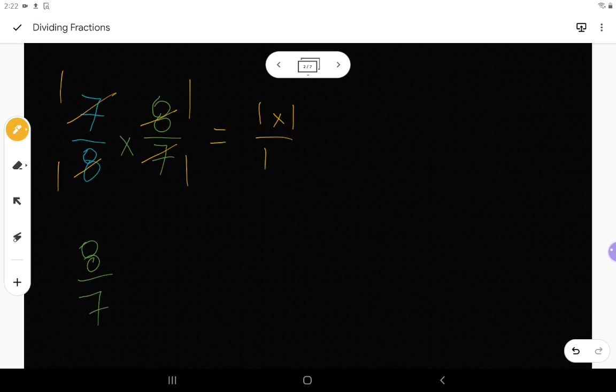And I get 1 times 1 over 1 times 1, which is just 1 over 1, which is 1. It's called the multiplicative inverse because when you multiply by the reciprocal, you get 1. So any fraction times the reciprocal of itself gives you 1. That's what we refer to as the multiplicative inverse.